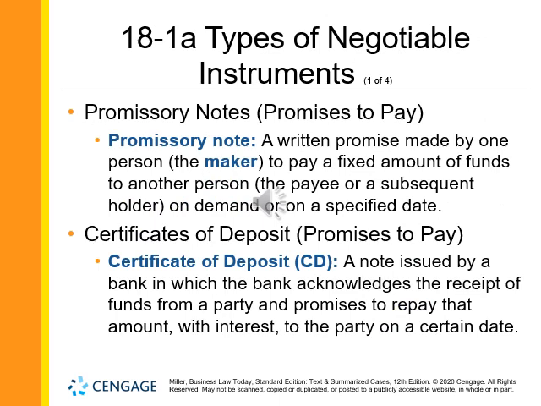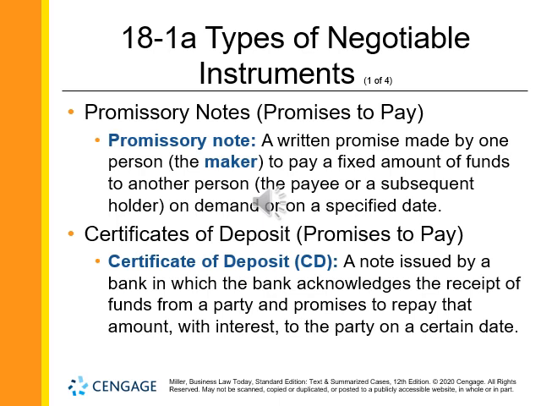Additional types of negotiable instruments include promissory notes, a written promise made by one person, the maker, who promises to pay a fixed sum of money to another person, the payee or subsequent holder, on demand or at a specified future time.